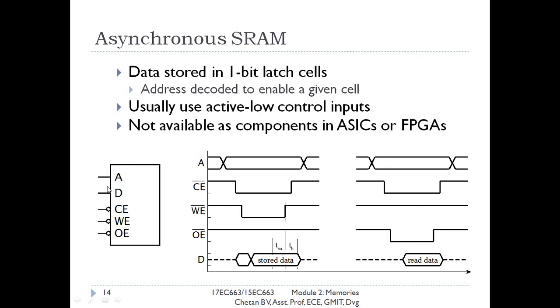As we are using these lines as output, we have to activate the tri-state drivers by making this signal 0. The data pointed to by this address will be picked from that location and applied to the output line. So the same line will act as output, and the data will be available on this line. Here there are no timing constraints during read operation.